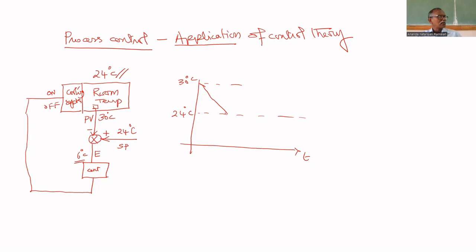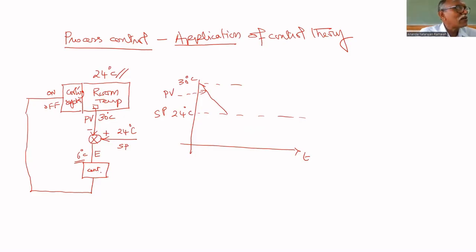Am I correct or not? Time elapses along the X-axis. Y is actual temperature. This 24 is set point. This is PV, the process variable. Process variable starts decreasing. But this controller will turn on if the error is negative.